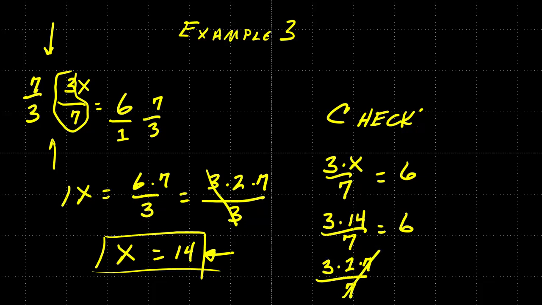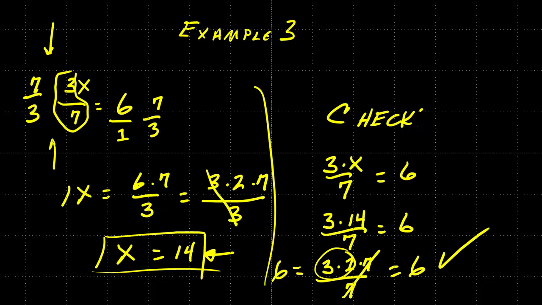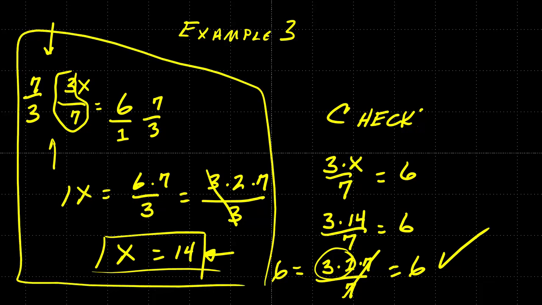The 7's cancel out. Now we have 3 times 2 equals 6. And that's a check. That means that all the work that we did over here is correct. If we got anything other than this identity, other than 6 equals 6, then we would have done something wrong, and you'd have to go back and find the mistake.